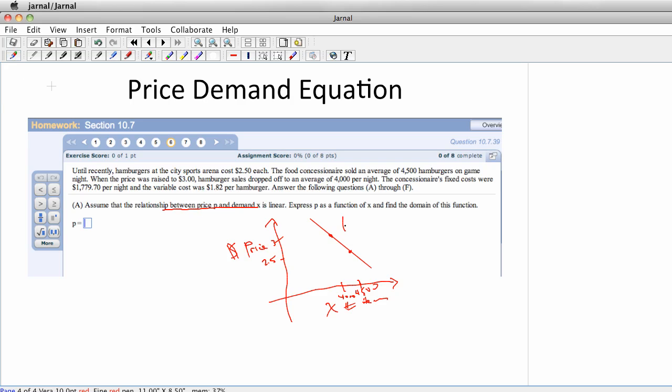The point 4,000, comma 3, that's my x and y coordinate for the first point, and my second point has x coordinate 4,500 and y coordinate 2.5. So I just need to find the equation of the line through those 2 points, and that's what we did during the line review stuff. Now the numbers here are kind of messy, so they're not nice numbers, but we should be able to follow the same process. So I'm going to pause here and start this on the second part of the video.